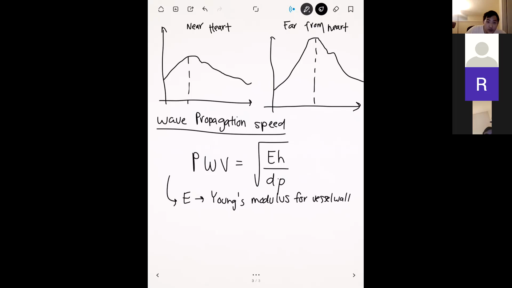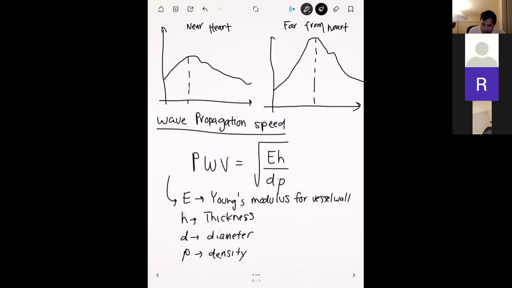Okay. H right here is the thickness of the vessel wall. So how thick the wall is, basically. Okay. D is vessel diameter. Okay. And then rho is density.